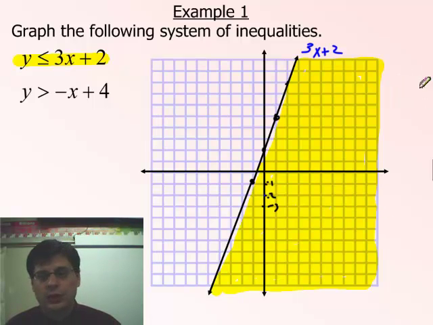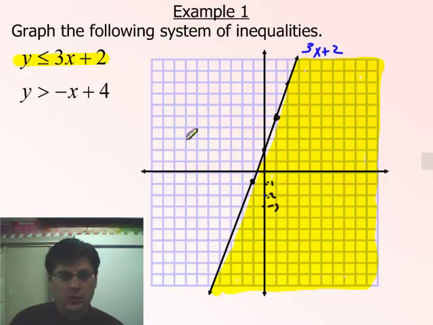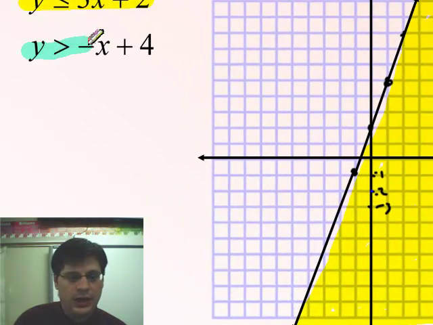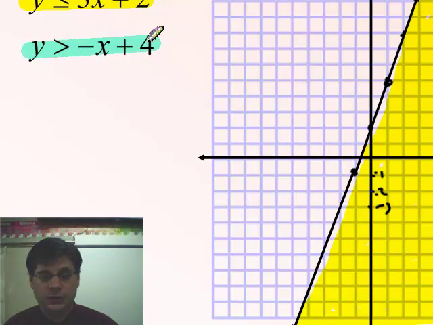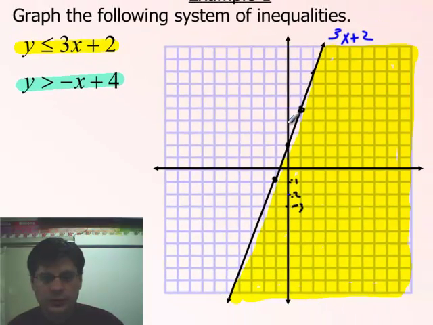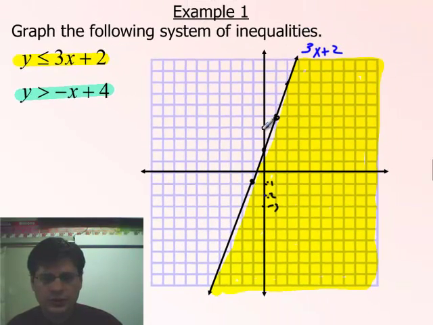All right, now we're going to look at the next inequality. So y is greater than -x plus 4. We're going to graph this just like the other one. So there's our y-intercept, 1, 2, 3, 4, and we go down 1, over 1, down 1, over 1, and down 1, over 1.